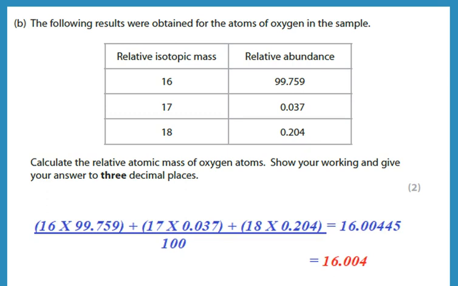The mass times the abundance, plus the mass times the abundance, plus the mass times the abundance, all of them divided by 100. This gives me this answer, 16.00445. But please note that usually in the question, he would give you an indication of what he wants your answer to be. So in this case, he's saying, show your working and give your answer to 3 decimal places. You have to change this to 3 decimal places. You should be able to round the numbers to 3 decimal places.